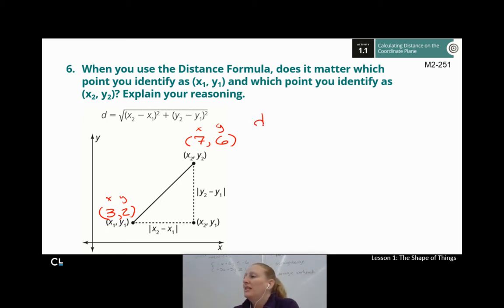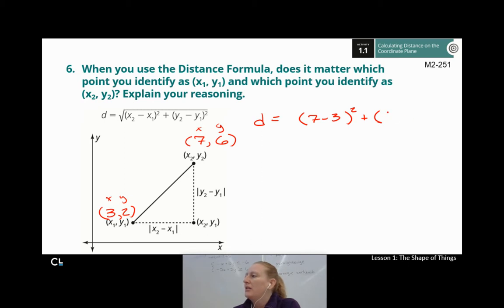So if I want to find the distance, I'm going to set it up. I'm going to subtract my x's, kind of like we did with slope, right? We subtracted our y's on top, subtracted our x's on the bottom. Definitely some similarities here. So I'm going to subtract my x's. I've got 7 minus 3, and that's going to get squared, plus I'm going to subtract my y's.